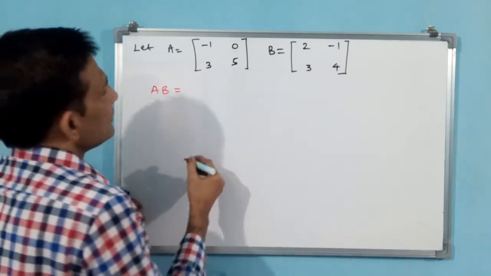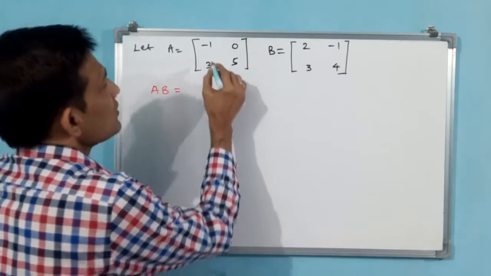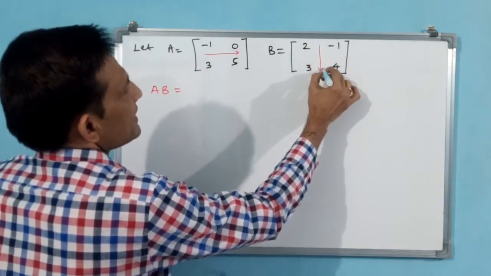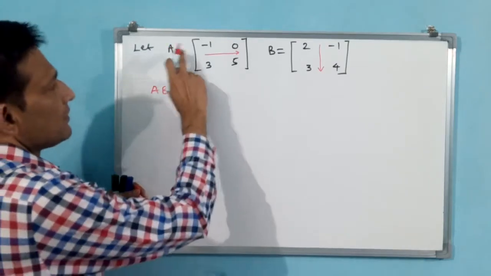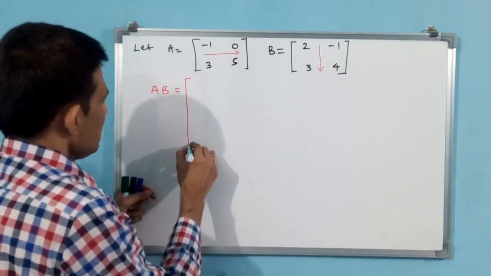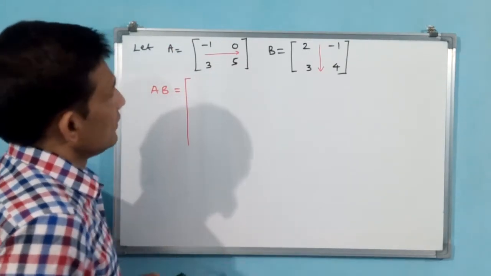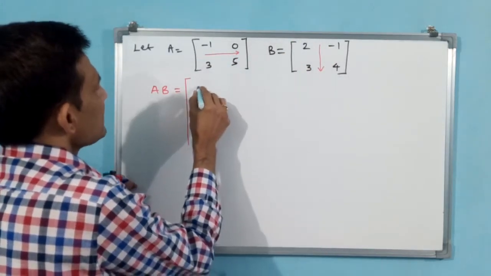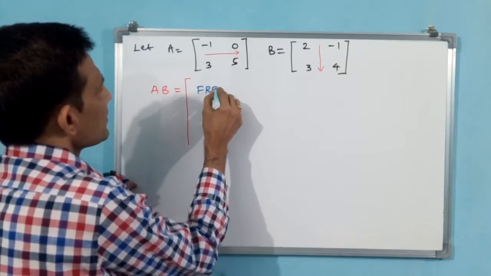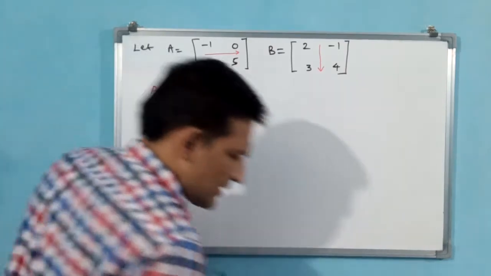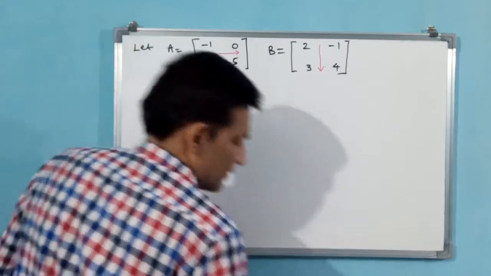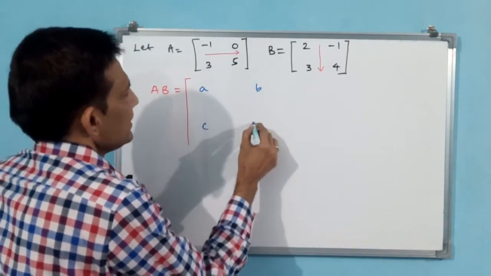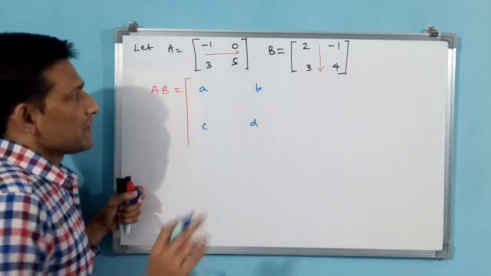Let us see first AB. AB is equal to. Okay, what we have to do? We have to draw an arrow in the center. Now you see what we have to do. I will write like this: A, B, C, D. First of all, is it possible?